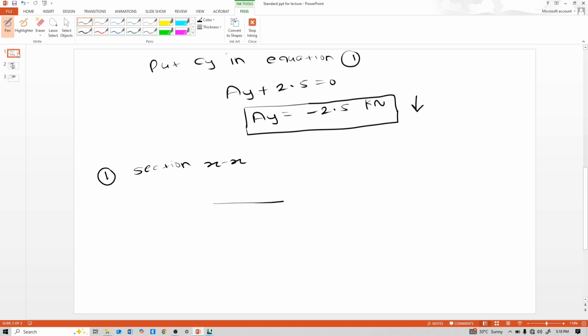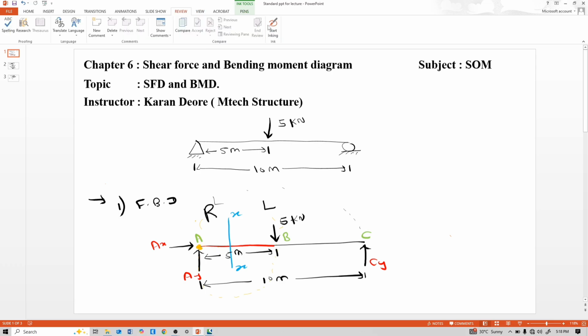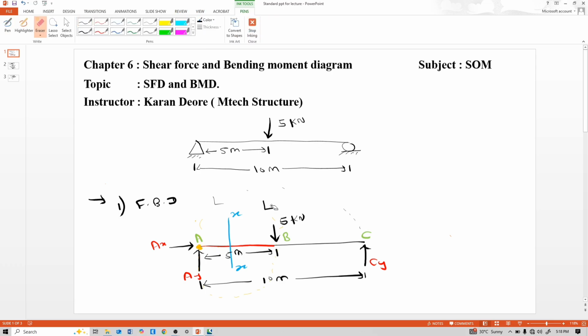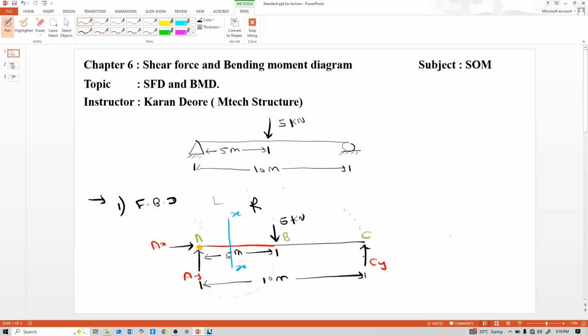See how this section is, and it is your choice. You may take the right hand side or the left hand side. On the right hand side section, there are fewer forces, so the calculation is easy. Sorry, here left. See, on the right side there are the 5 kilonewton and CY, and on the left side only AY and AX, and AX is 0. That's why I take the left hand side section, the left hand side of this section.